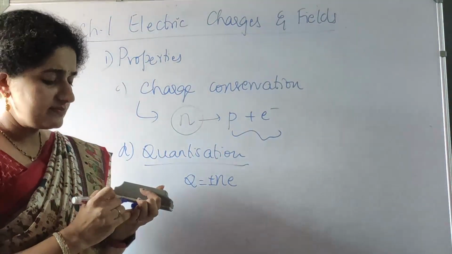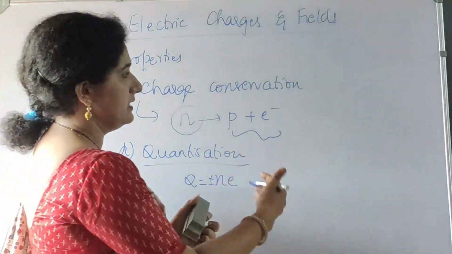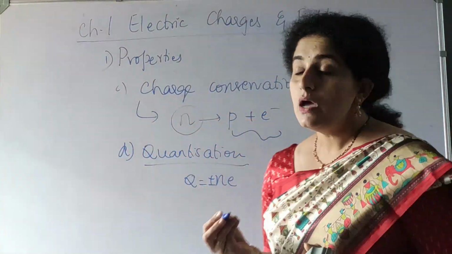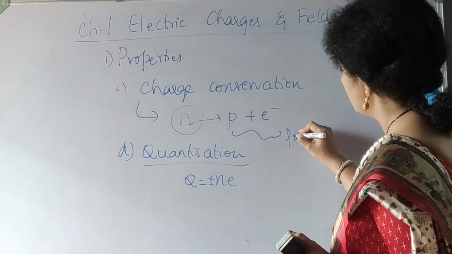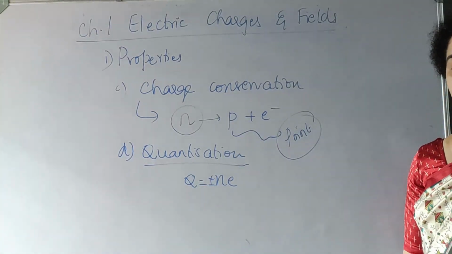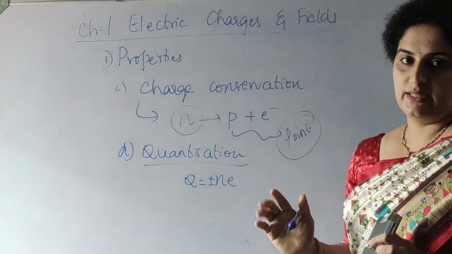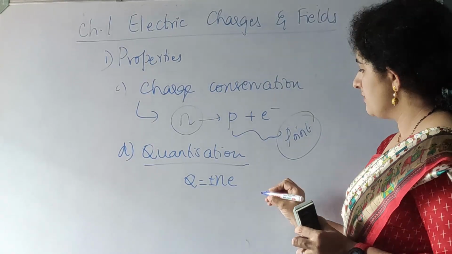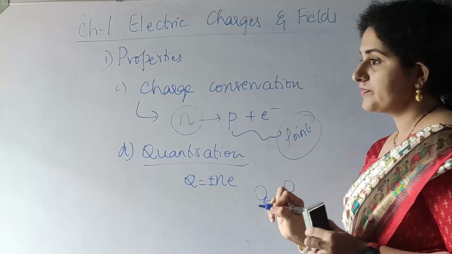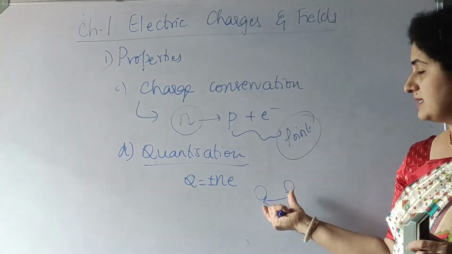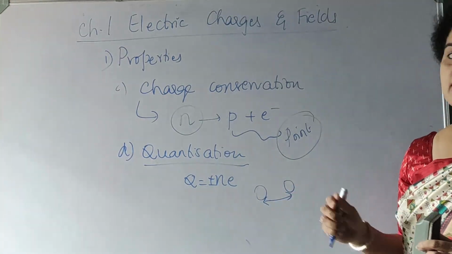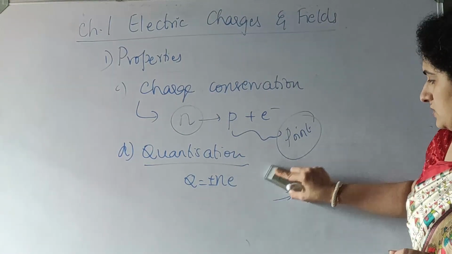Now for our consideration in this chapter, and also in further concepts, we consider point charges. What are these point charges? If you have two charges like this, and their separation is very large compared to their size, then we consider them as point charges, small charges.